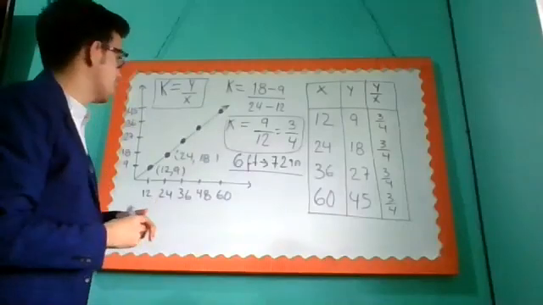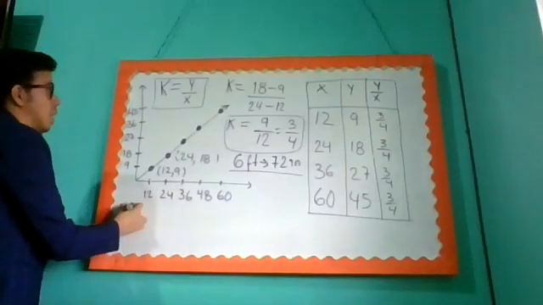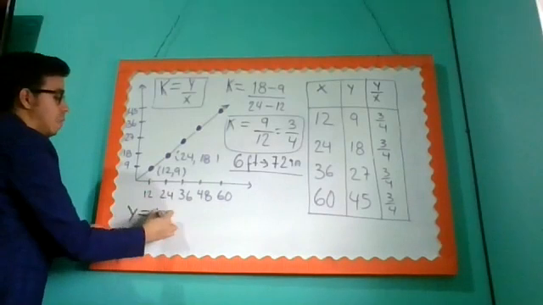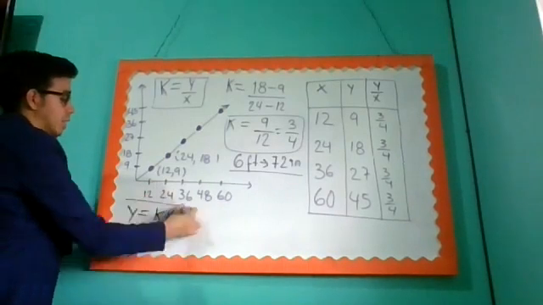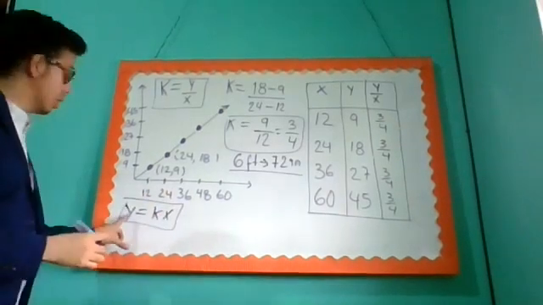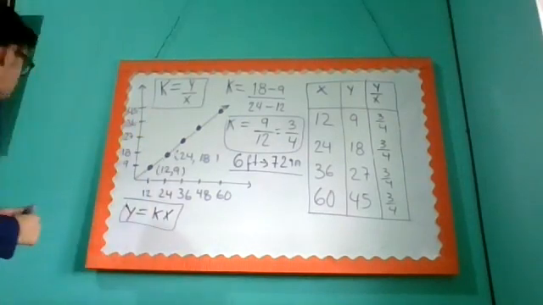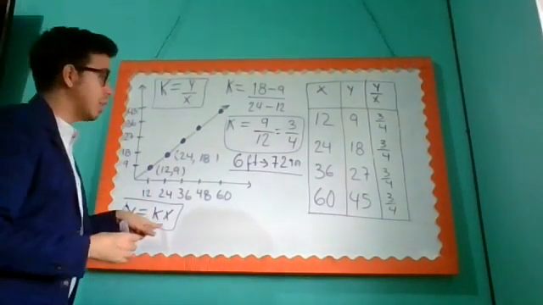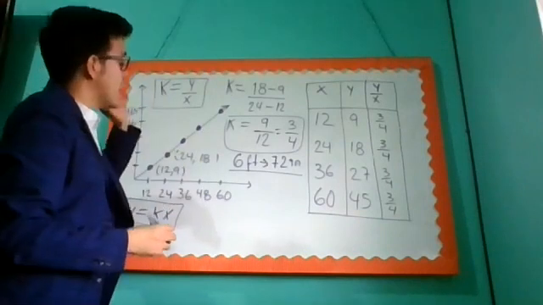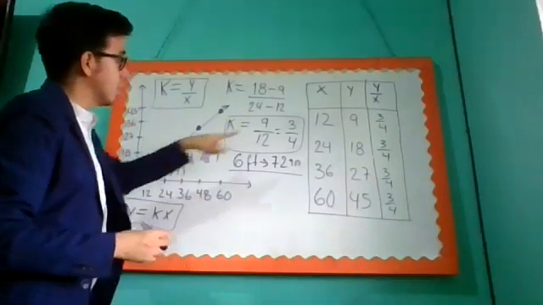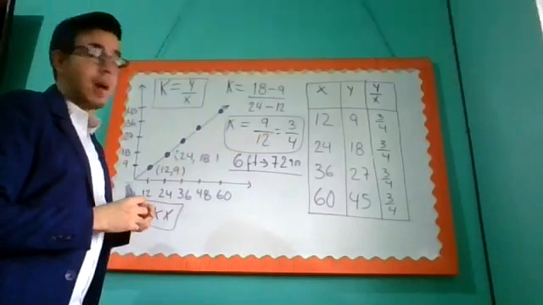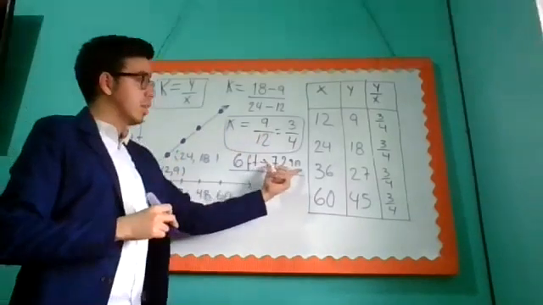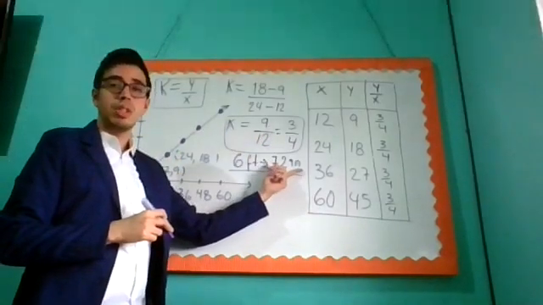You remember the other equation, y is equal to k multiplied by x. Yes? We work with this one. Now I already have the value for k, that is 3/4, and I already have the value for x, that is going to be 72 inches.